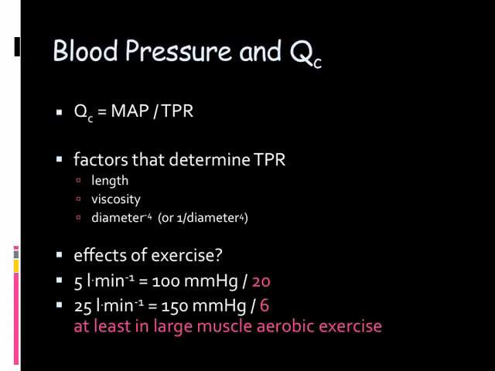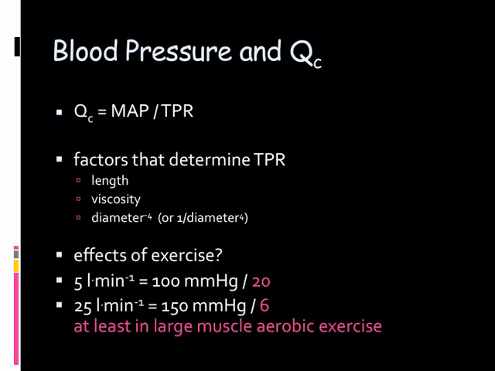Now, I'm showing you next, putting some numbers here for you. The first one, cardiac output equals MAP over TPR. The first one is values at rest. Resting cardiac output, 5 liters per minute. Resting mean arterial pressure.